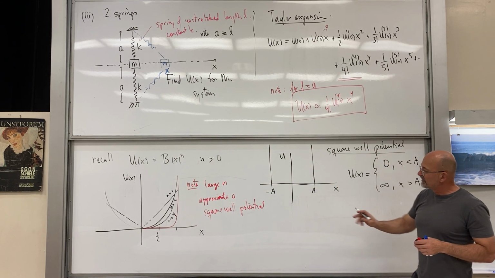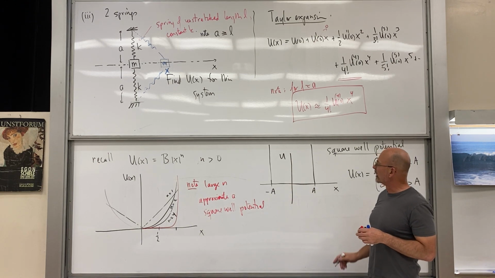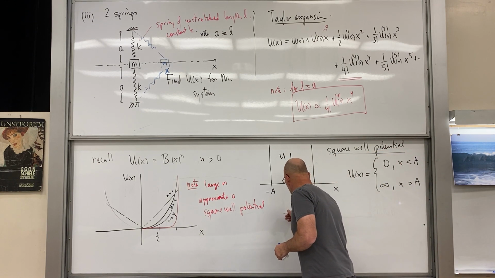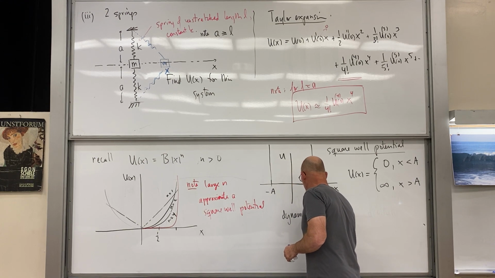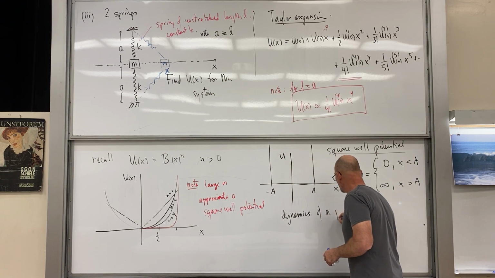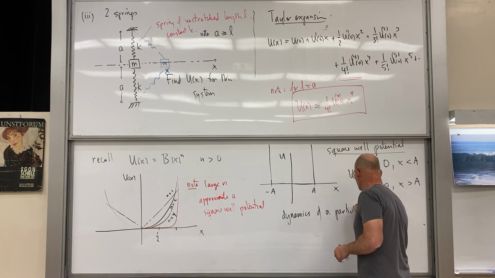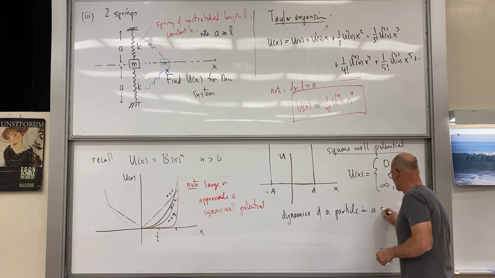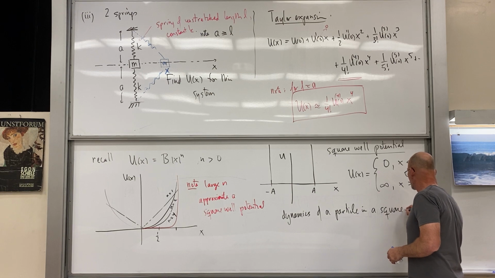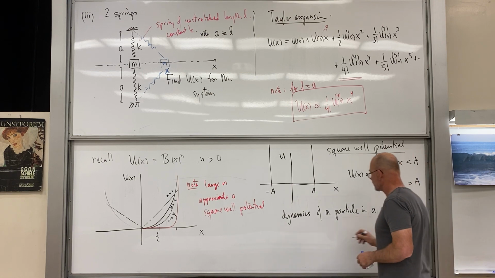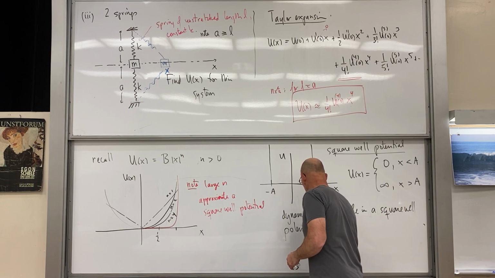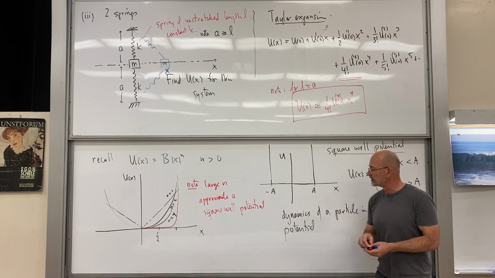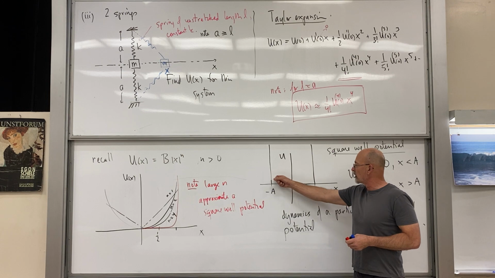Okay, so what is the dynamics of a particle in a square well? It's actually trivial. A particle in a square well potential. It's a free particle. What it's doing is it's just drifting over.